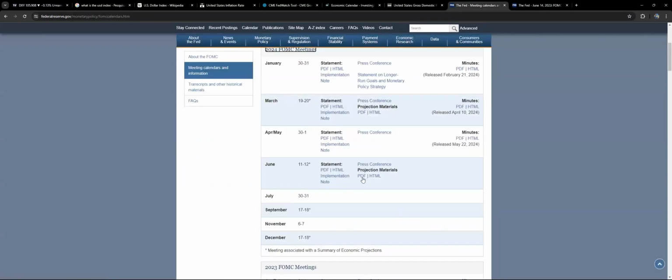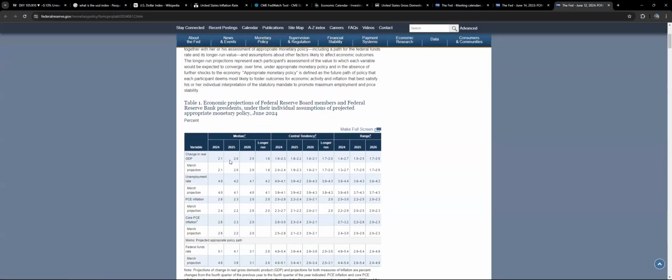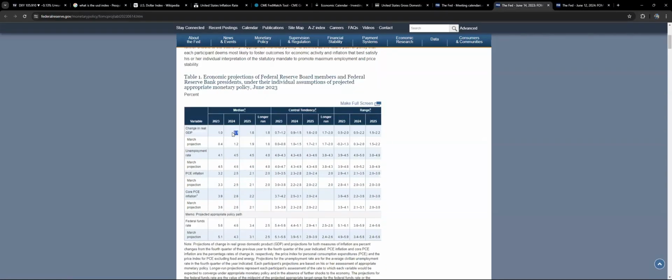Let's have a look now at June 2024, this one. So right now, change in real GDP, oops, there we go, 2.1. So they were expecting 1.1% of growth, okay? The central tendency was between 0.9 to 1.5. And the range was between 0.5 to 2.2.